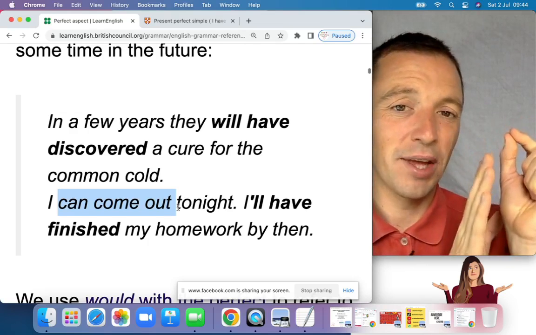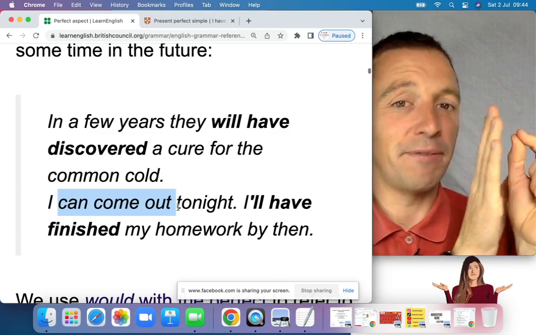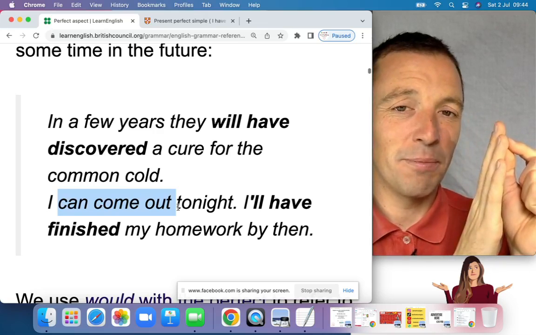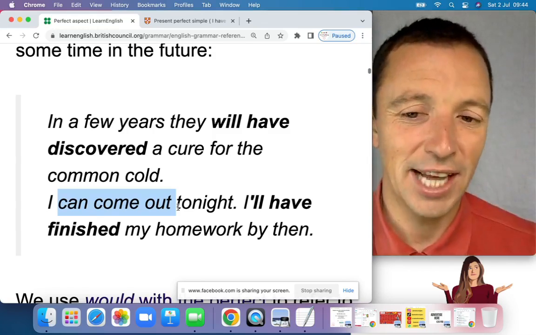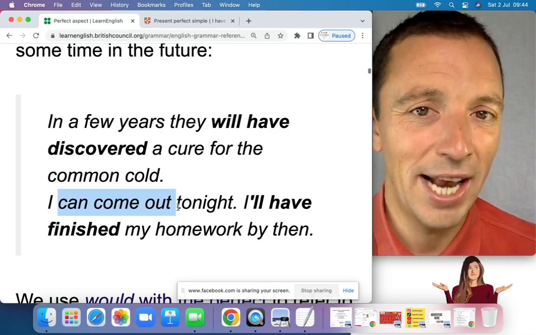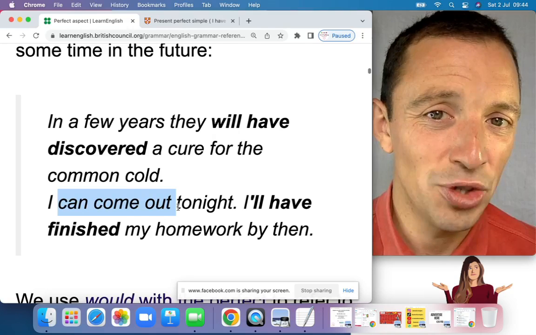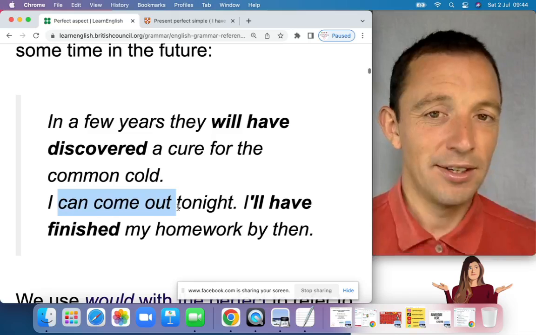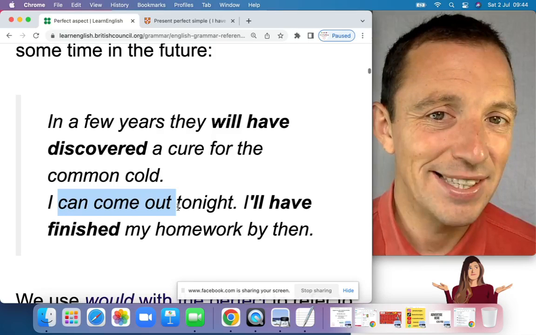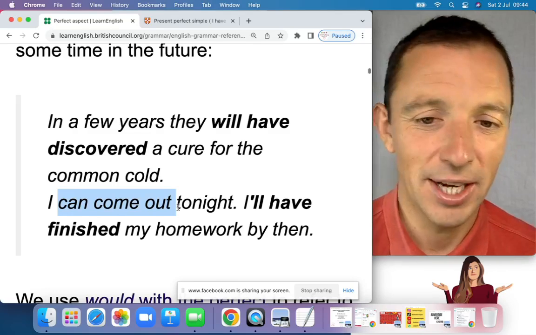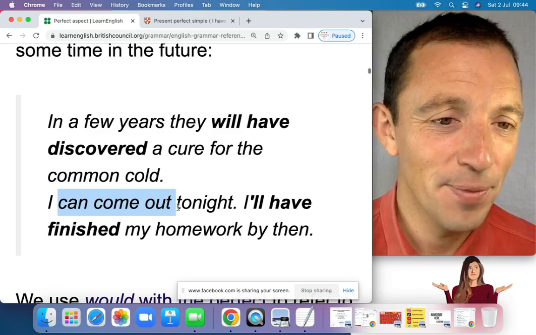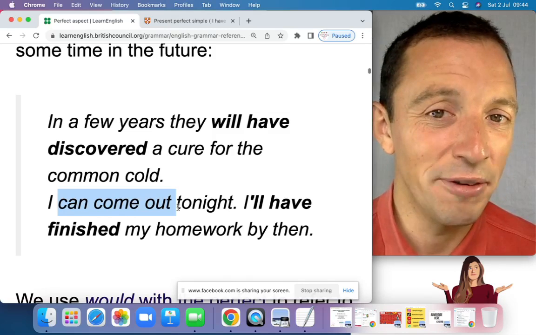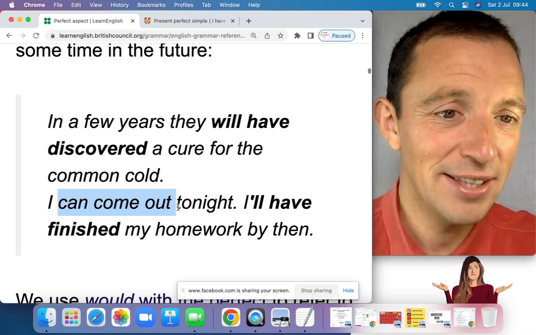So it's the future, and it's a period of time before the future, but definitely after the present, if you understand. And that is exactly when we use the future will modal, will plus the present perfect, or the perfect. Okay, so I recommend that you study this page again. I recommend that you try to review this page to understand.